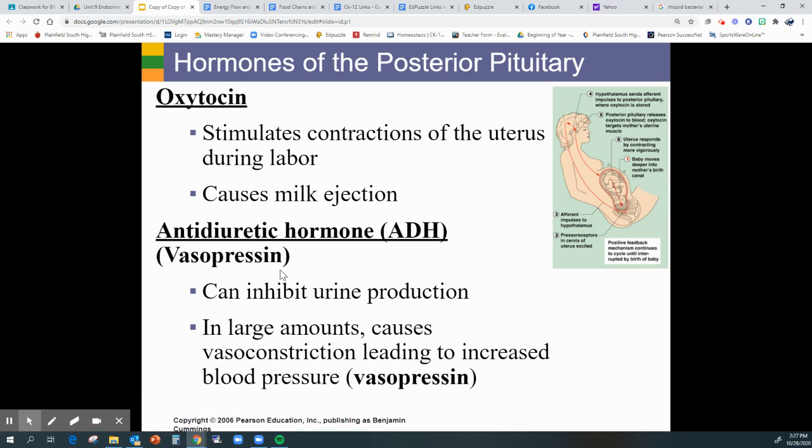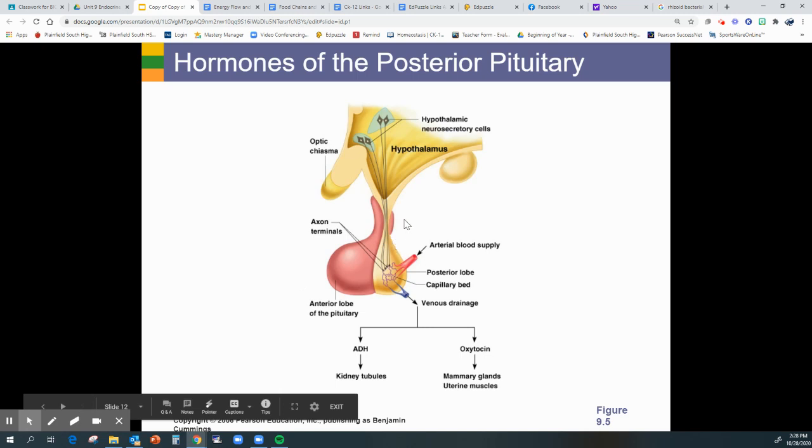If somebody has really low blood pressure, we can inject vasopressin directly into an IV and cause an increase in blood pressure pretty much immediately. Not only because of the vasoconstriction, but also because it's an antidiuretic. It's causing the kidneys to absorb more water back into the bloodstream, and more volume would increase our blood pressure as well.